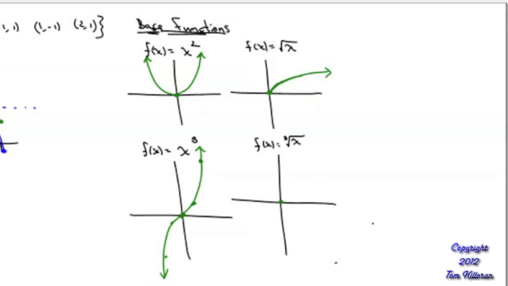Cube root of 1 is 1. What's the next cube root you know? 8. 2 and 8. So it's going to go up to 2 after you get to 8. So it's got a very low threshold, much smaller than the square root of x. So it goes off in that direction. Can you take the cube root of negative 1?